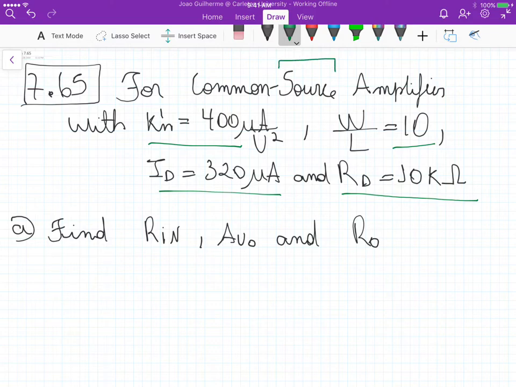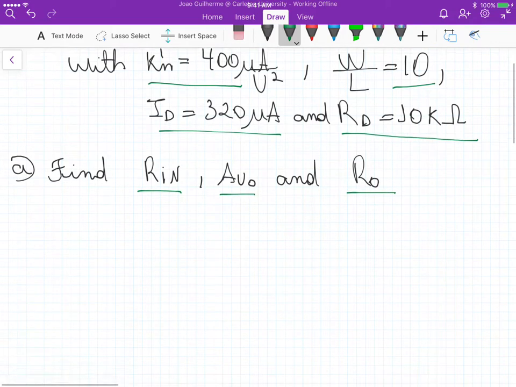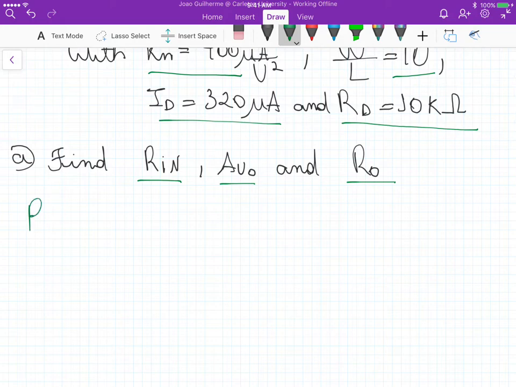Now, for this particular circuit, for part A, we need to define the input resistance, the gain AV0, and the output resistance. For this circuit, we know that the input resistance is infinite.